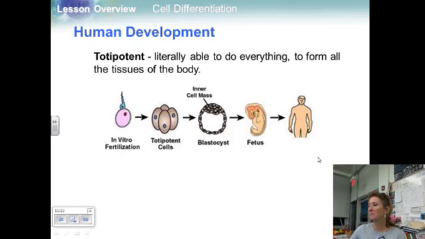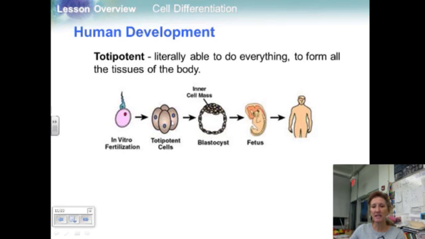There are also 2 types of embryonic stem cells. Biologists say that a cell is totipotent when it is able to do everything, to form all the tissues in the body. Totipotent cells occur after the egg has been fertilized and has only divided a few times.